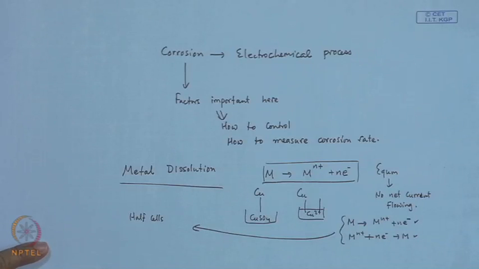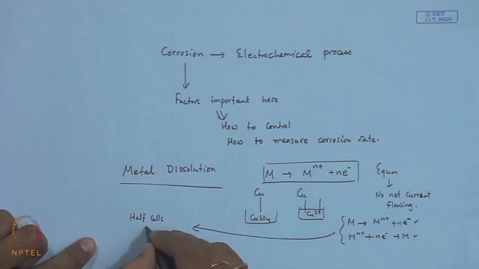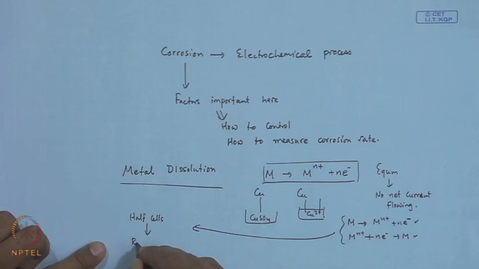These individual reactions are called half cell reactions, as one of them will produce electrons and the other will consume them. Oxidation produces electrons, and reduction is the consumption of the electrons. So, half cells means redox reactions, with both oxidation and reduction reactions.